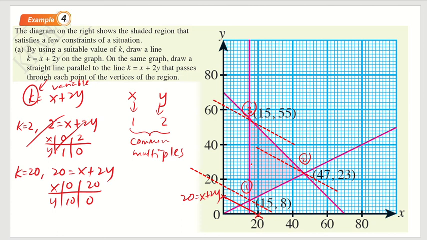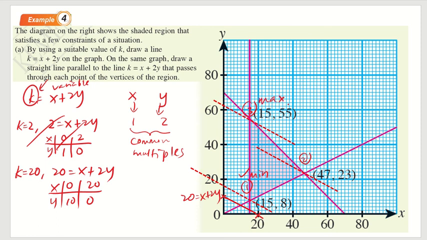So it means that from these three points, these three coordinates, we will have a minimum and a maximum point. Which one is the minimum point? Which one is the maximum point? Minimum is the lowest one, the outermost one, the bottom one. So this one is the minimum point. Then which one is the maximum point?